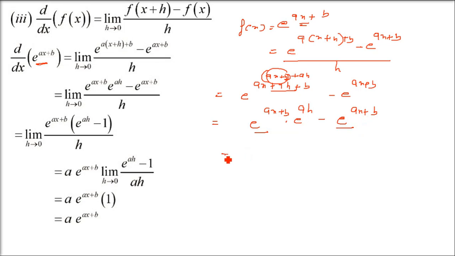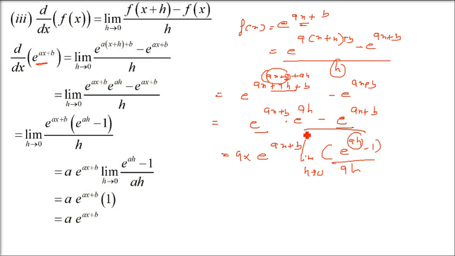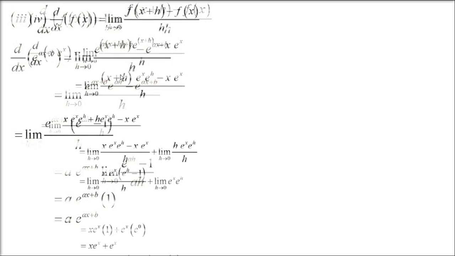So e raised to ax plus b you can take common, and what is inside? e raised to ah minus 1 by h. So h is there, you need to include this a also, limit h tending to 0. So multiply by a here also, just to make it ah. Now this part is going to be 1, you know already. So e raised to ax plus b into a is the final answer here.